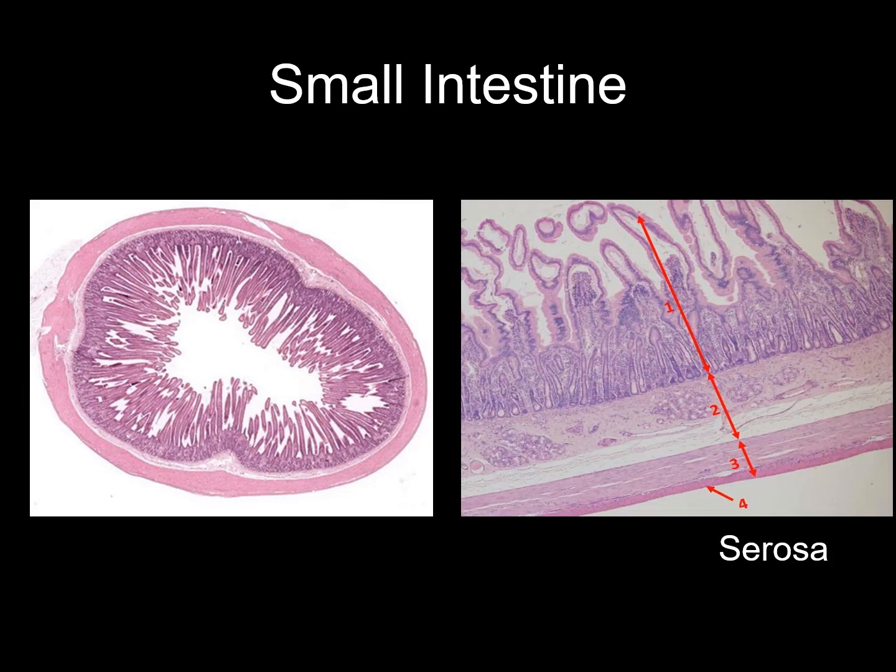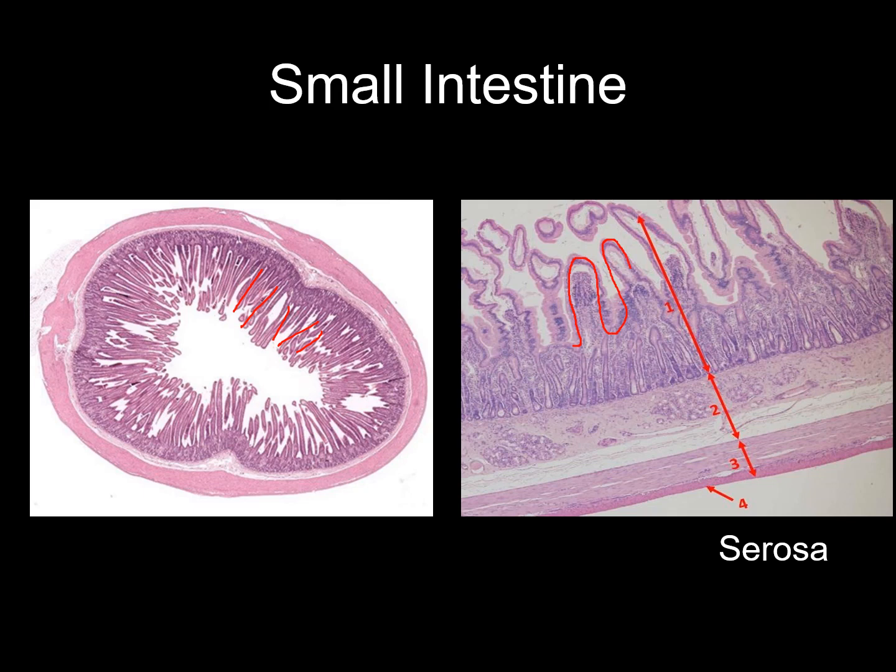Now, if we take a look at the small intestine, it's a little bit different. Specifically, you see all of these kind of long finger-like projections. Okay, well, these are the villi of the small intestine, so it increases that surface area for absorption of nutrients and everything. So you kind of can follow these villi, and the epithelial tissue is along those villi.